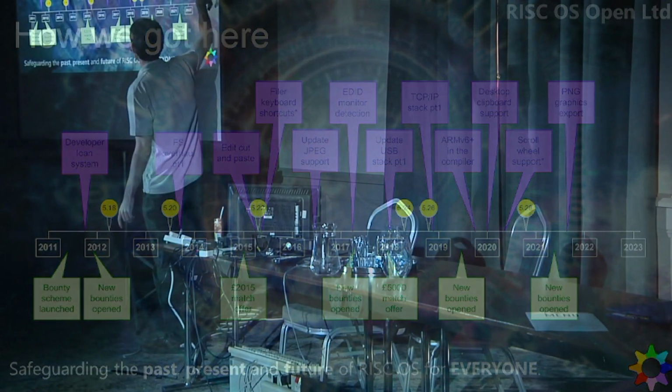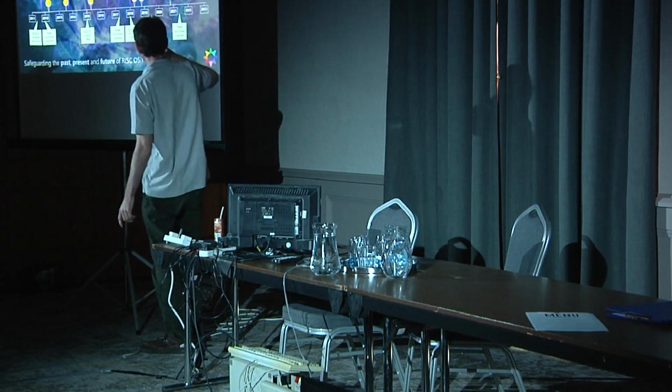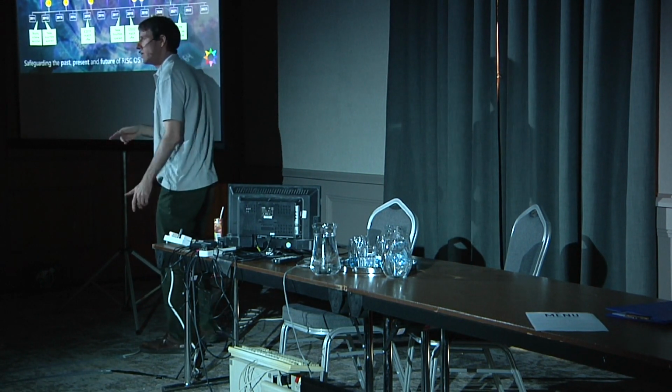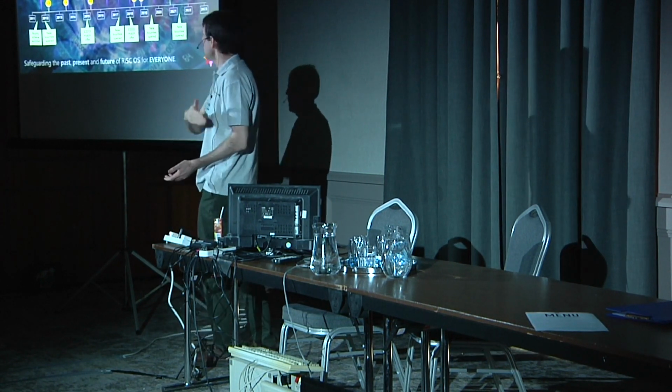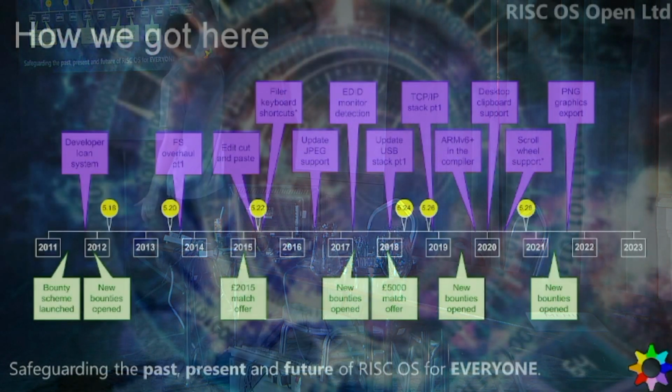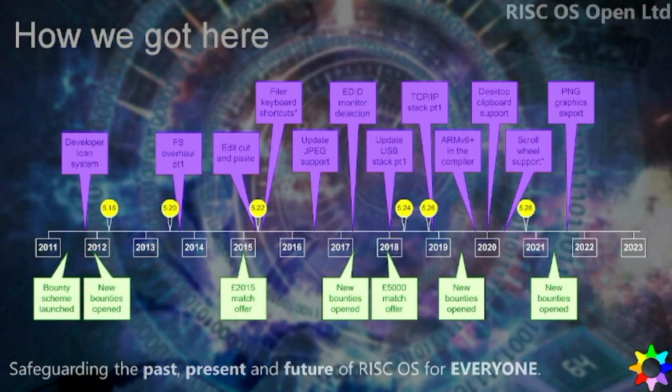Obviously the 5.30 map pin will appear over here. And the things up in purple at the top are the bounties that have started, completed, and delivered. So for example, I mentioned with Paint, there's the PNG graphics export, so that's up there on the bounty timeline, and the stuff along the bottom is when various new bounties were opened, and I imagine we might end up with another one coming soon here.